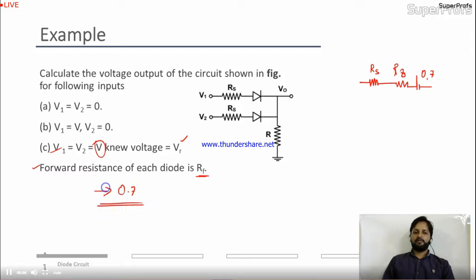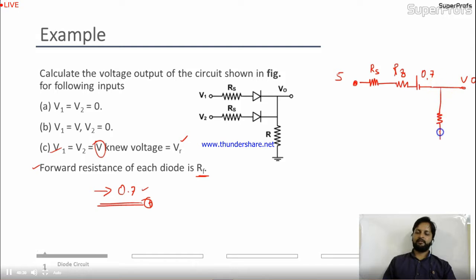Whenever they ask the question, they will mention it. If they don't mention it, we have to take it as short circuit, means 0 volt. Here I am showing by taking 0.7 because this is the practical diode I am going to consider. Here the voltage is taken as 5 volt. This will work. No problem at all.